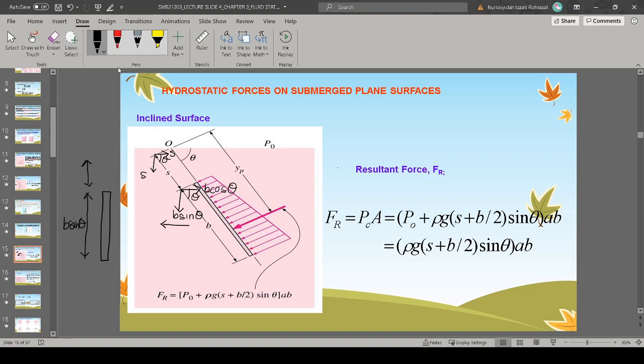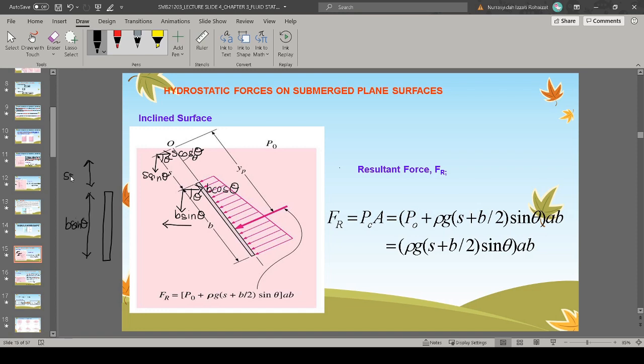So this will be s cos theta because the angle here is adjacent to it, s cos theta, and then this one is s sin theta.